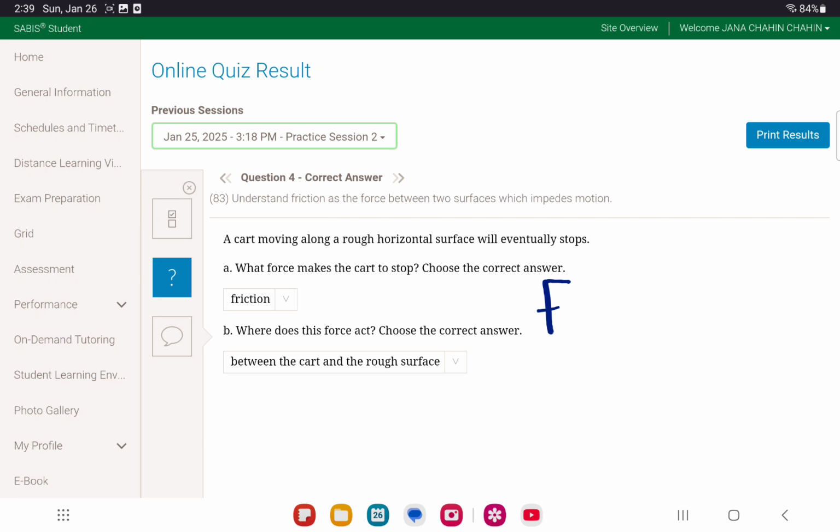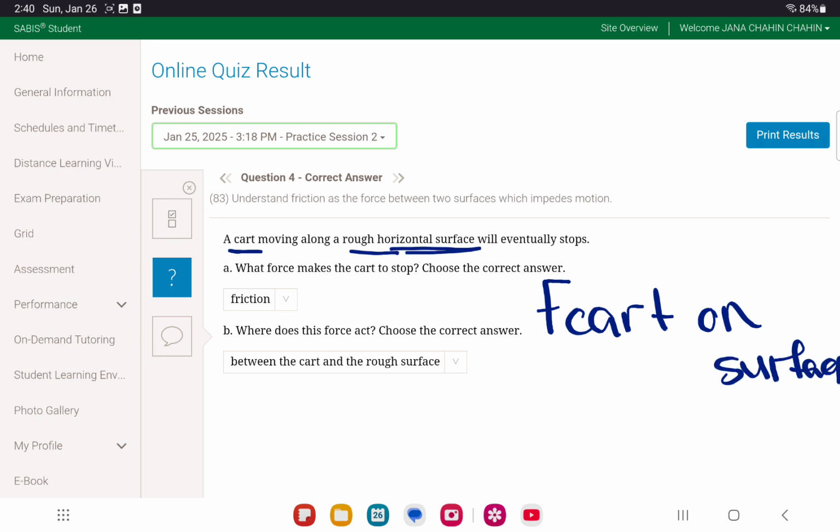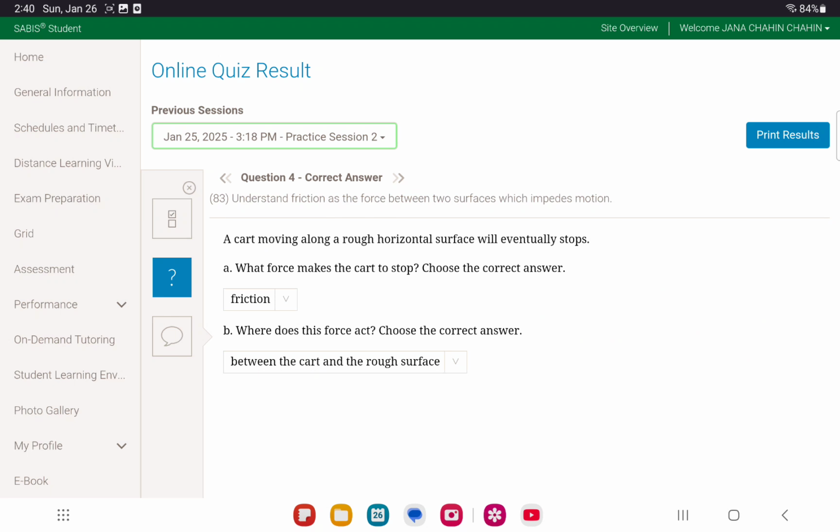They want the first object, which is the cart here, so cart, on the last object, which is the rough horizontal surface, so surface. That's between the cart and the rough surface. If you remember the first object and the second object, you'll get all of these questions, okay?